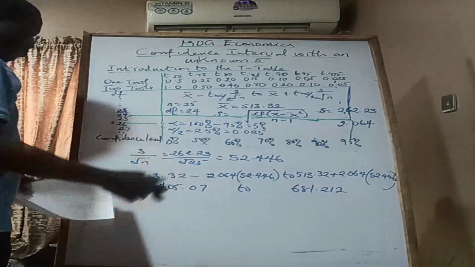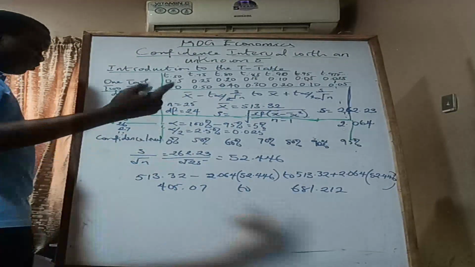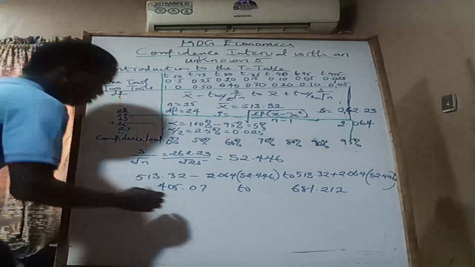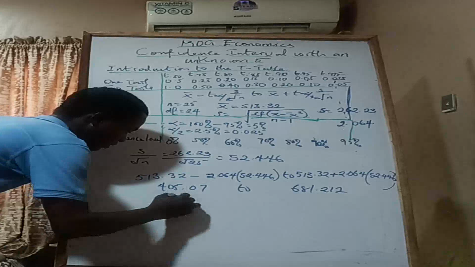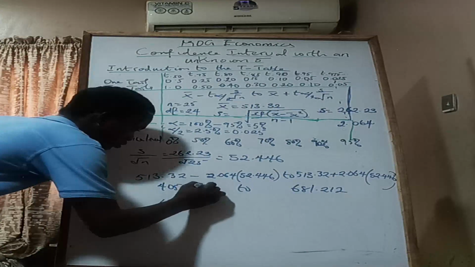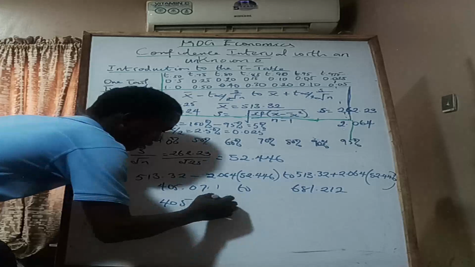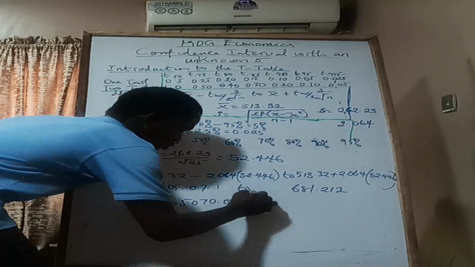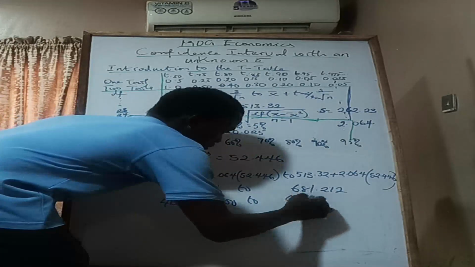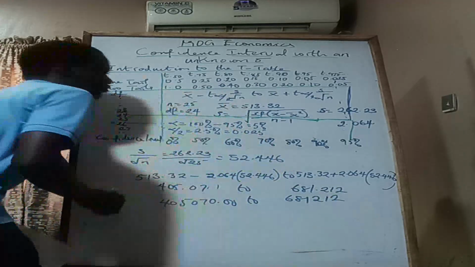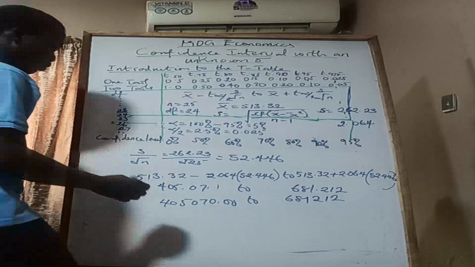Now since the values are in thousands, that's three zeros. So approximating to thousands, this would be 405,070 to 618,212. I'm just trying to use standard form to get my answer.